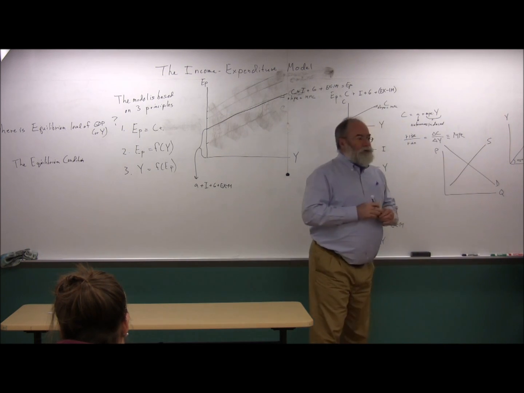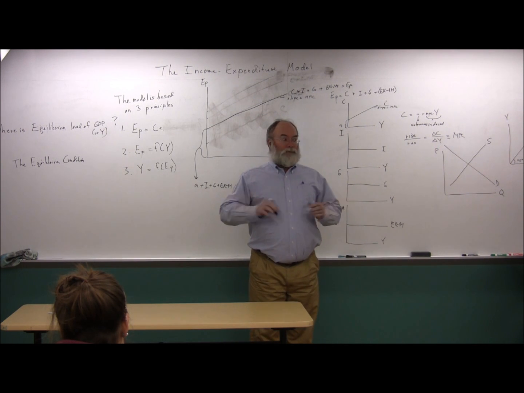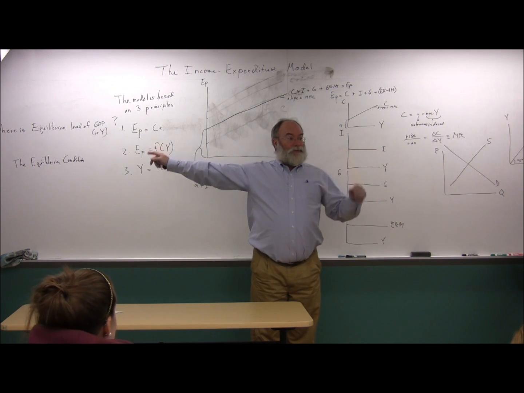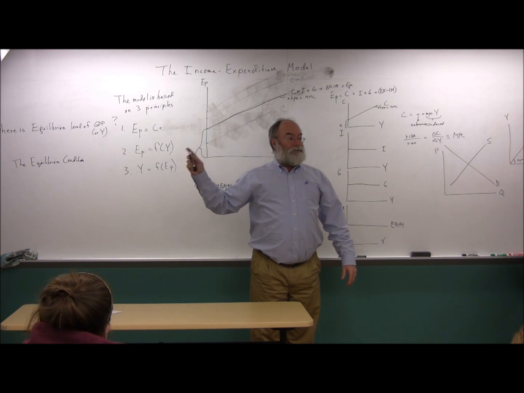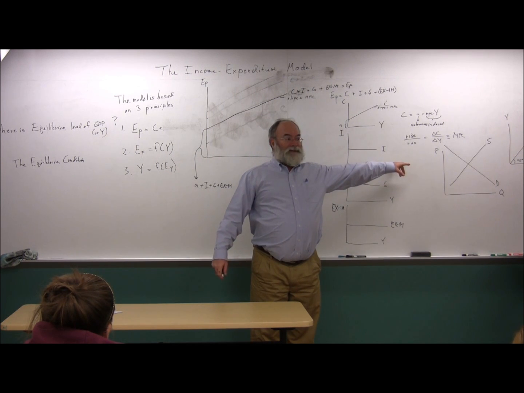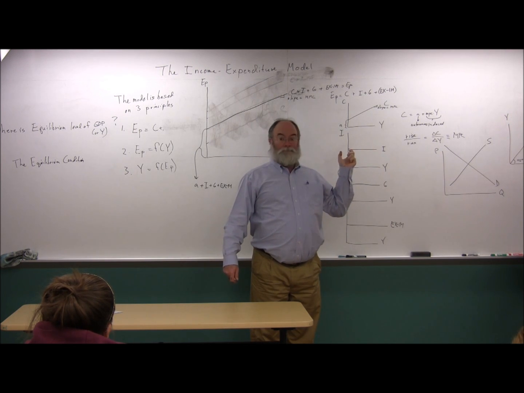We were trying to figure out where is the market equilibrium. And the answer was what we called the equilibrium condition. How do we know if we're in equilibrium on this graph? Quantity supplied equals quantity demanded. That's the equation, if you will, that identifies the equilibrium.